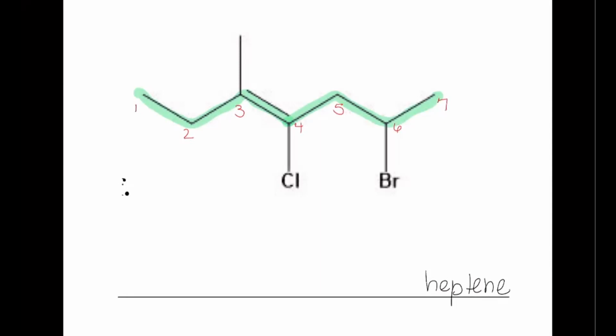Okay. We have 3 substituents. We have to put them in alphabetical order. We have a 3-heptene, okay? Who comes first? Oh, I like what I see in the chat.